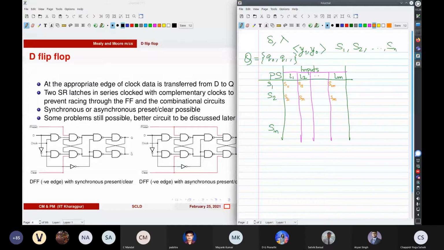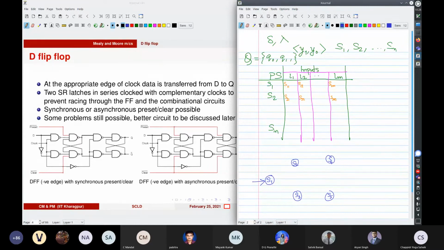You could very well show it as a graph. Something like that, all right? So the initial state you mark like this. So let us say this is S1, S2, S5, something like that.